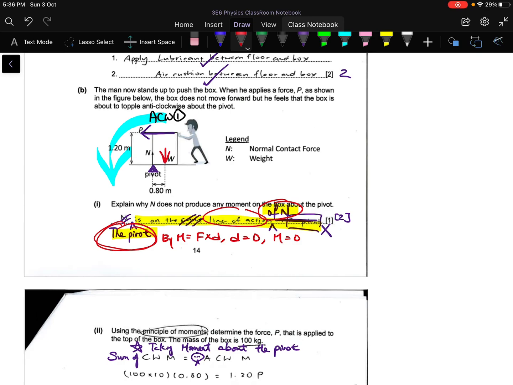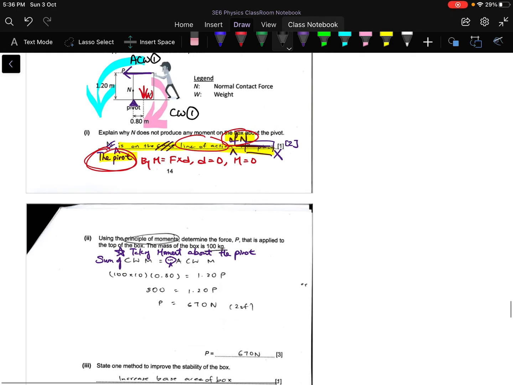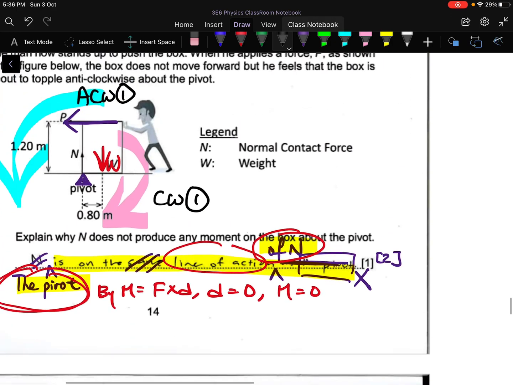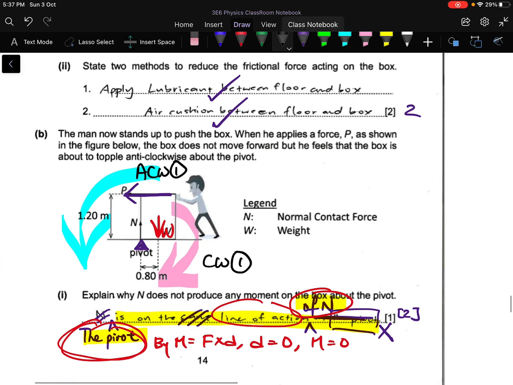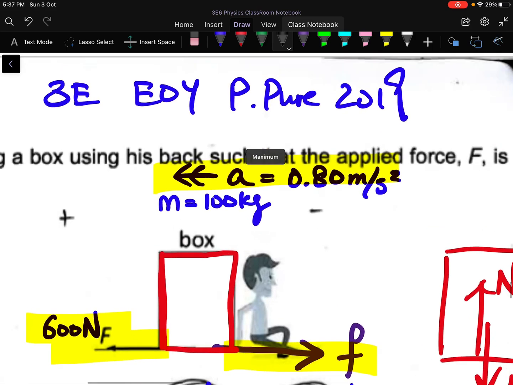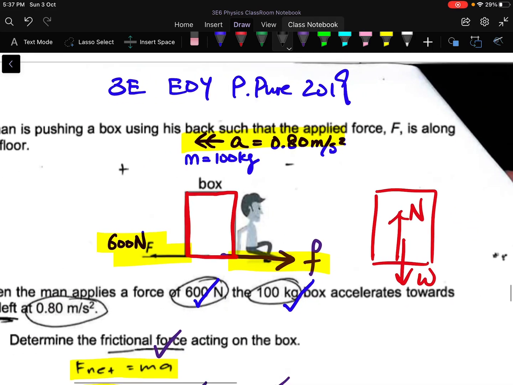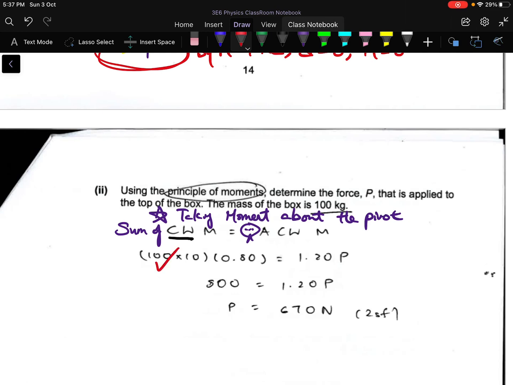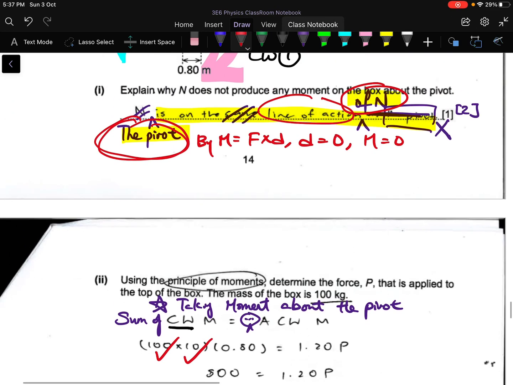And you have the weight over here. That means this force will create a moment this way, which is clockwise 1. So the clockwise moment is caused by the weight. The mass is 100 kg, and so the weight is 100 times 10, right?